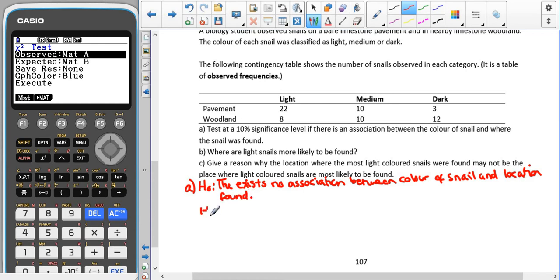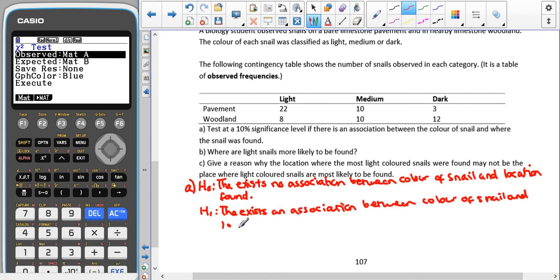And our H1, our alternate hypothesis, is going to be that there exists an association between colour of snail and location found.